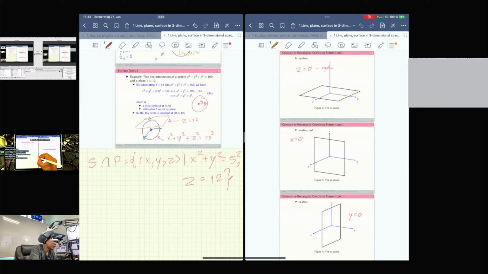We wanted to find the intersection results of these two things. If you have any problem, just let me know, right? It's not too difficult at all, right?